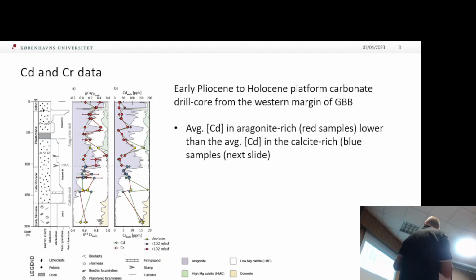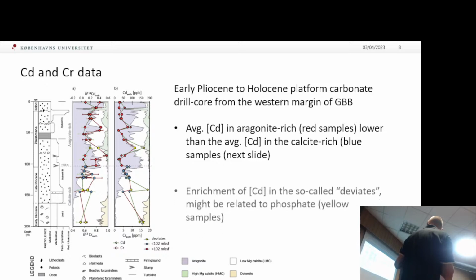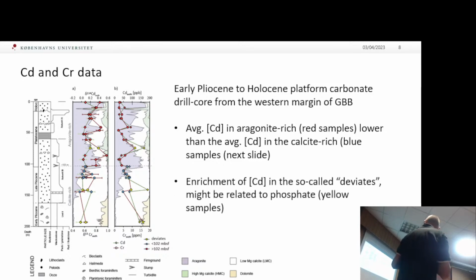So, as you can see, the average cadmium in the aragonite-rich samples, which is the red ones, is lower than in the calcite samples. And enrichment of cadmium is in the so-called phosphates, and this might relate to phosphates.